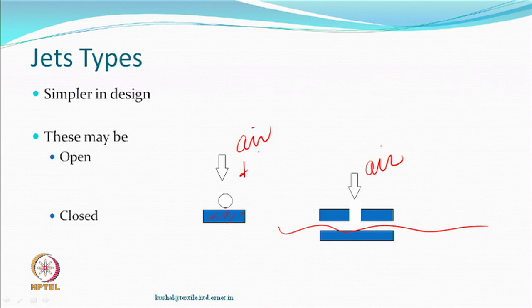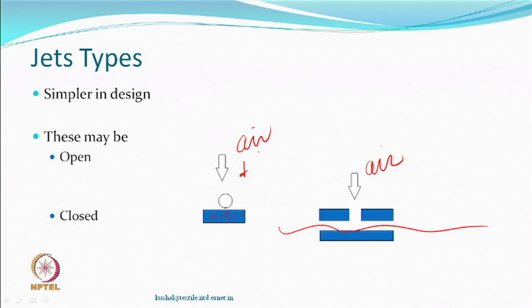Obviously, people very easily understood that in an open system which can be done, but you consume more air, get less effect, the yarn can have a tendency to go away from the impinging point, and so it may not at all come into play. You may have to give more tension.